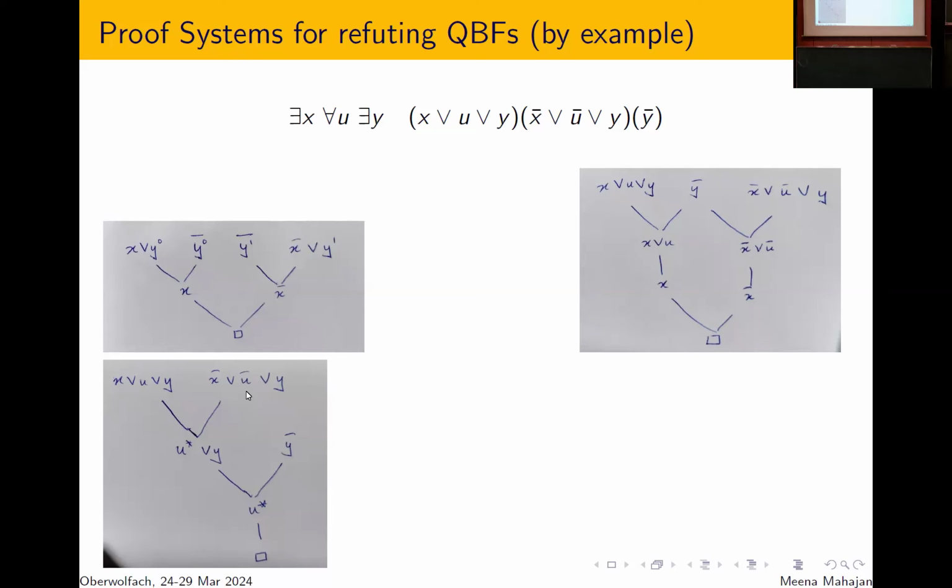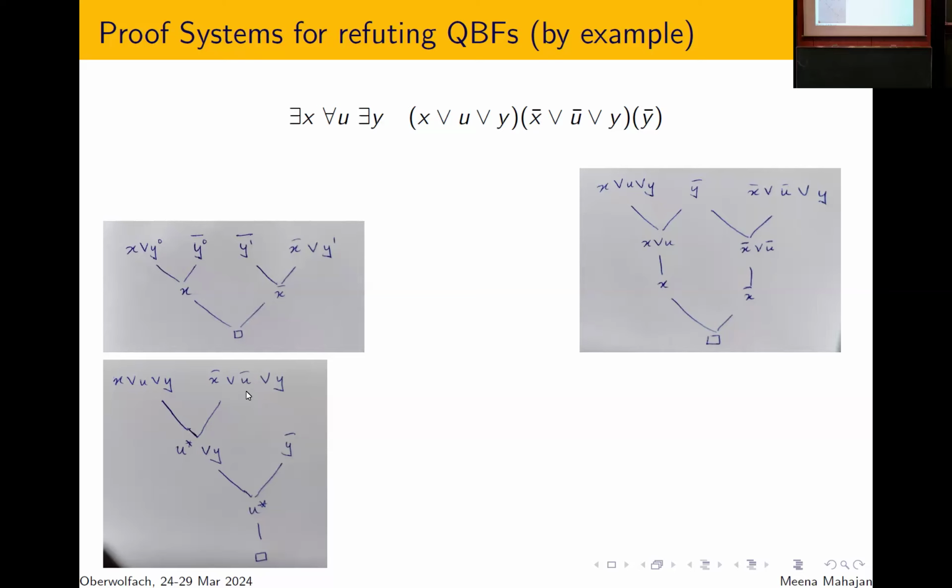What it means is that I've written it here, I've denoted the so-called literal u star, which is a placeholder literal which says, okay, the player has a way of deciding the value of u depending on what is the value of x. And we allow such placeholder literals. So now it's not really a clause that is there. It's some kind of pseudo formula or whatever you may call, to which it is possible to assign this specific meaning.